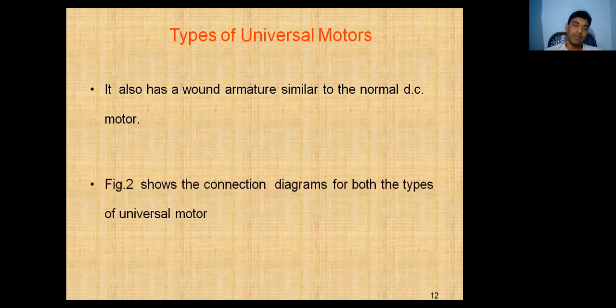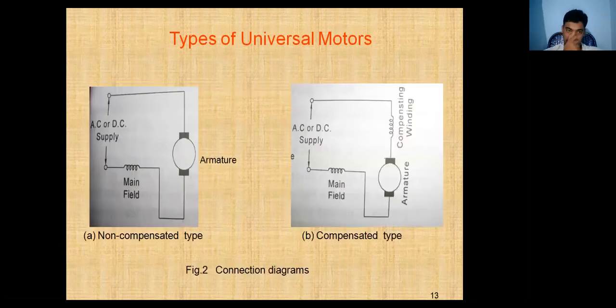So figure 2 shows the connection diagram for both the types of universal motors. One is non-compensated type, another one is the compensated type.